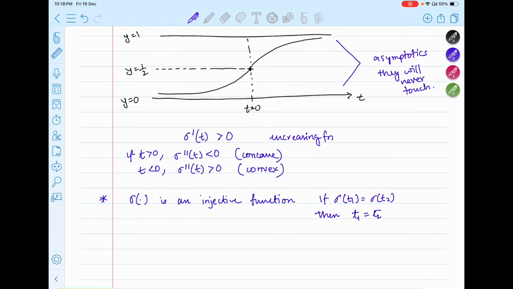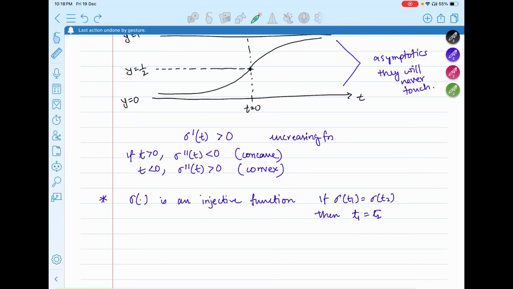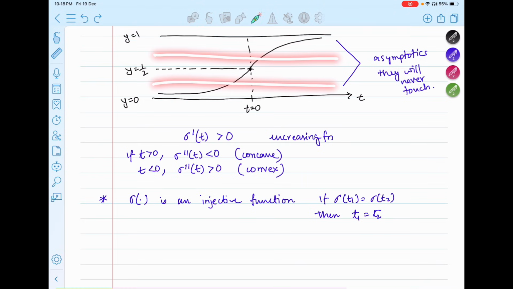That is also obvious from the graph. If you draw a horizontal straight line, it will touch the curve exactly once, which means it is injective.